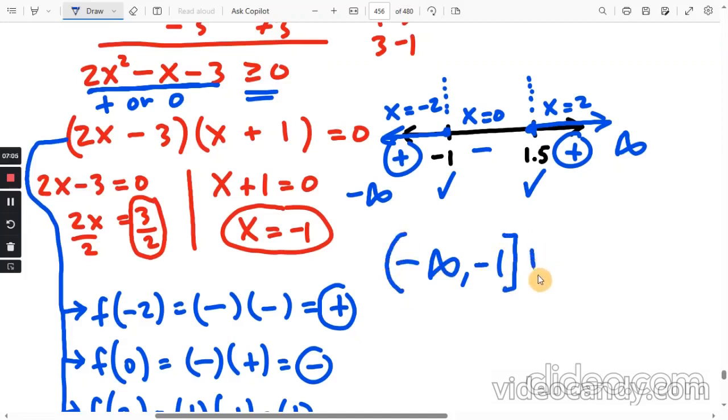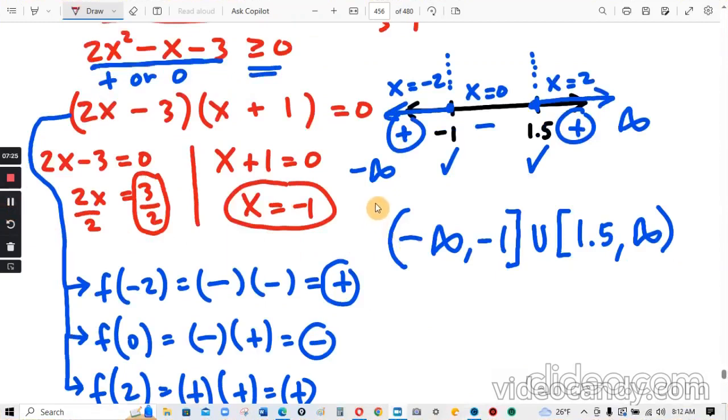And that is in union with 1.5, it's greater than or equal to, so the 1.5 is included, comma, and that runs all the way to infinity. You use the rounded on infinity. So that's your answer right there.